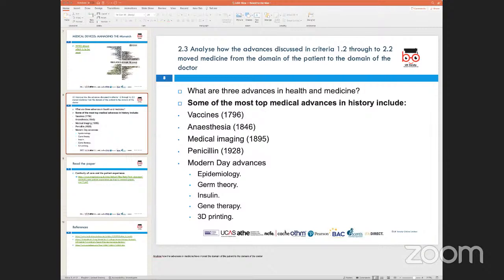Now, this concept balances what the patient knows and what the doctor knows, and how we reach a balance between the two to ethically practice medicine and provide treatment, which we need to talk about in the analysis here. We are also going to relate it to some of the top medical equipment or instruments which have been discovered over the years.